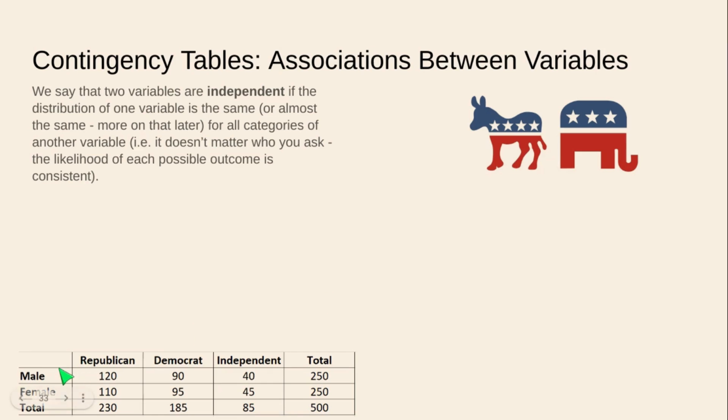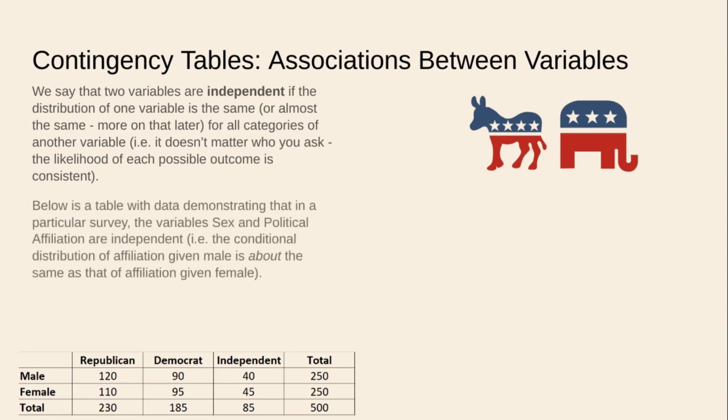So it doesn't matter if these two variables, whether the sex of the person or their political leanings, doesn't matter whether you ask a man or a woman. The distribution of Republican, Democrat, or Independent would be the same if the variables sex of the person and political leanings are in fact independent.